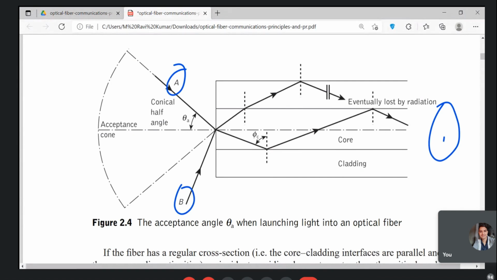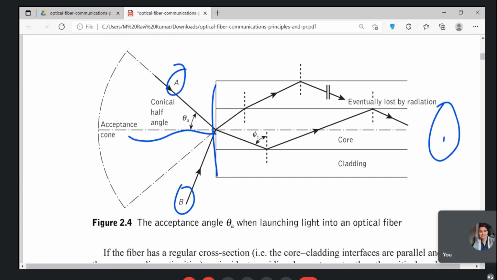You're able to understand what is theta A, right? If we have an incident ray which has an angle greater than theta A with the normal to the surface of the fiber, this is the normal, right?